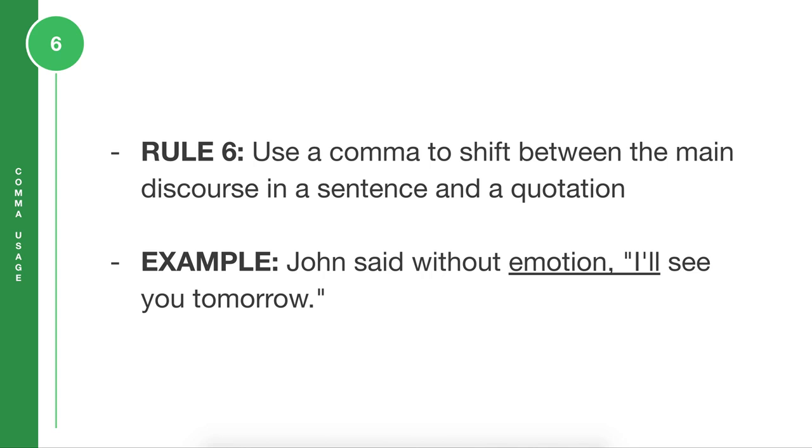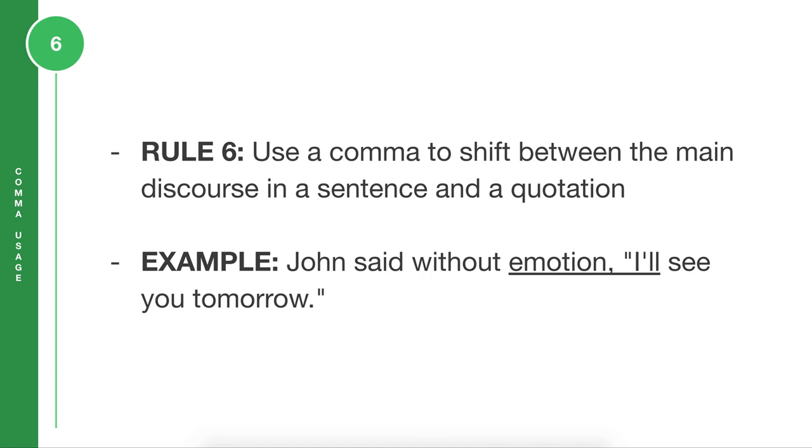So whenever you put a quotation in a sentence, you're going to need a comma to indicate where the quotation starts or ends and where your own writing begins. So you can see in our example, John said without emotion, comma, I'll see you tomorrow. Now, I'll see you tomorrow is the quotation. That is John speaking. And we want to offset the quotation with a comma to show where we stop talking and where John starts talking, or vice versa.